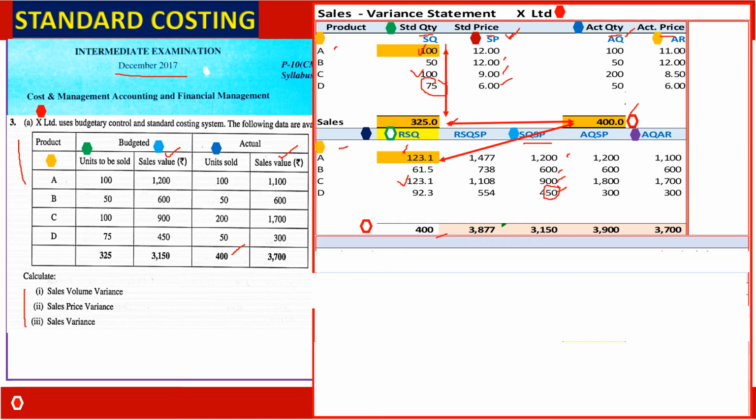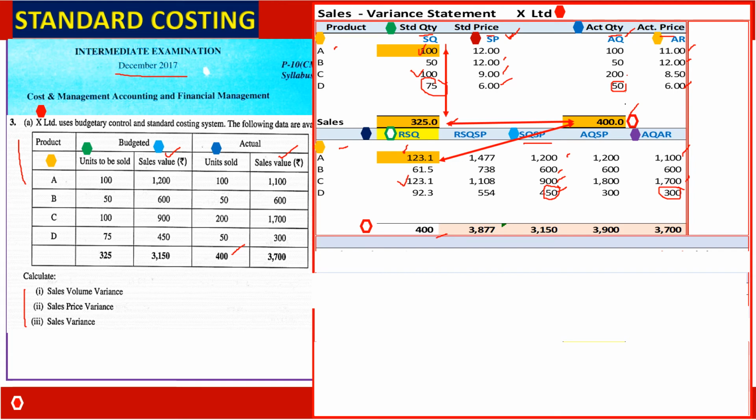Similarly, we derive AR also. 1100 divided by 100, 600 divided by 50, 1700 divided by 200 and 300 divided by 50, we get 6. Now we have got standard quantity, standard price, actual quantity, actual price. Then we have posted SQSP as given, AQAR.